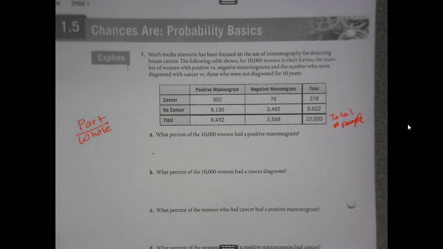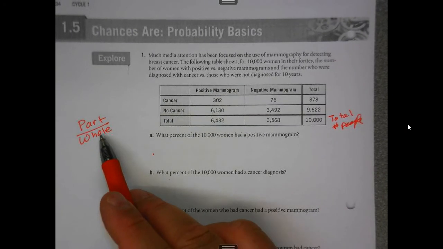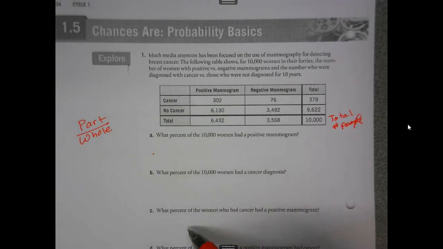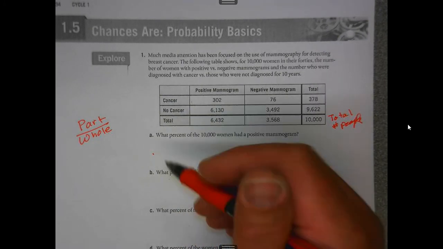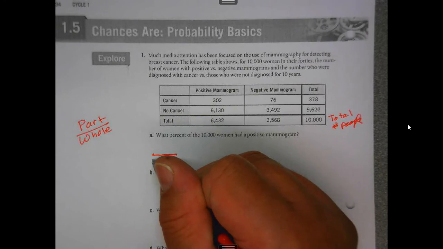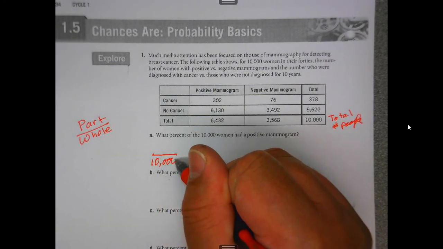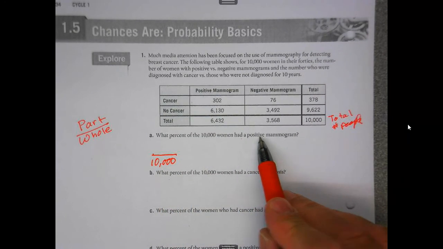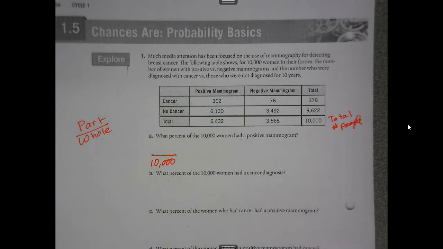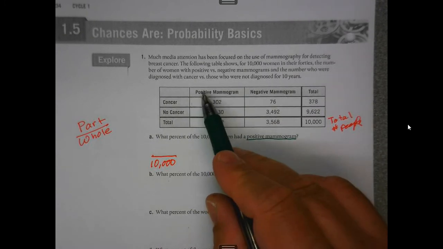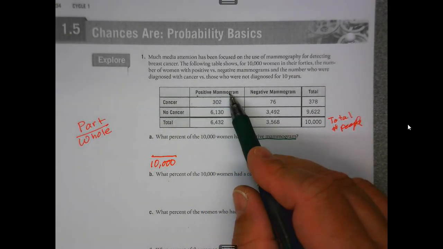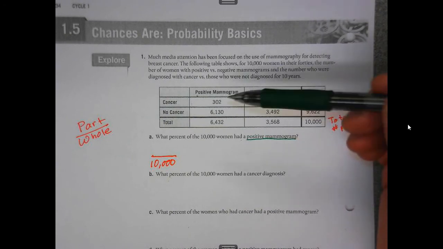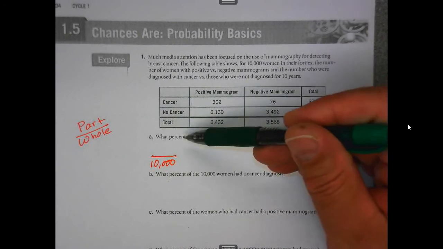For this problem, we're using part to whole. We may even use part to part on these. So what percentage of the 10,000 women had a positive mammogram? So I'm looking at the positive mammograms here.